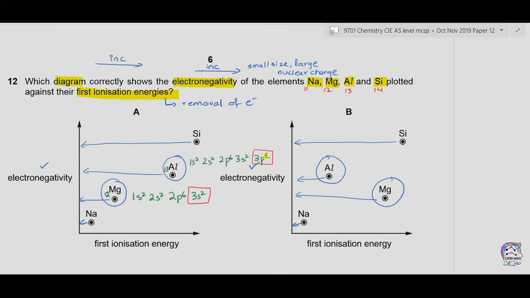As 3p is further away from the nucleus as compared to 3s, so therefore less energy will be required in case of aluminum, so the ionization energy of aluminum should be less than magnesium. So we can see that option B shows this trend, so therefore answer is B.